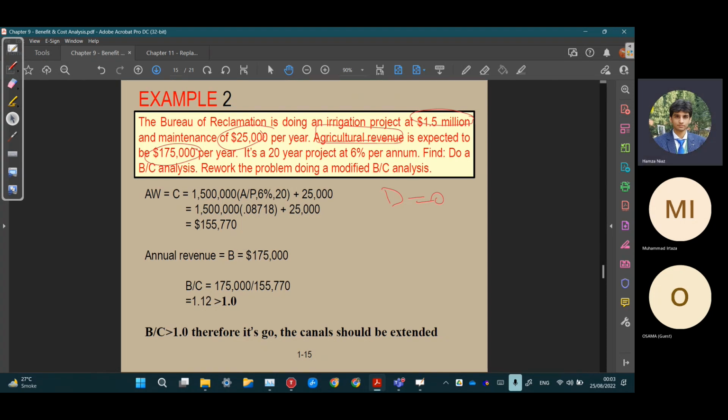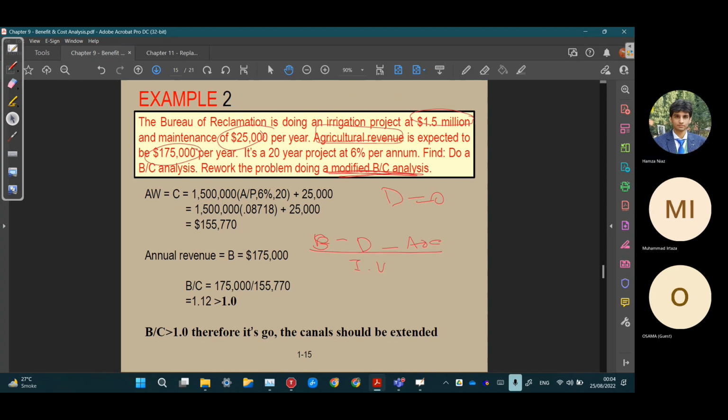Simply, we can do the same thing. So we have to find this using modified B by C. So modified B by C was saying that benefits minus disbenefits minus annual operating cost over initial investment.